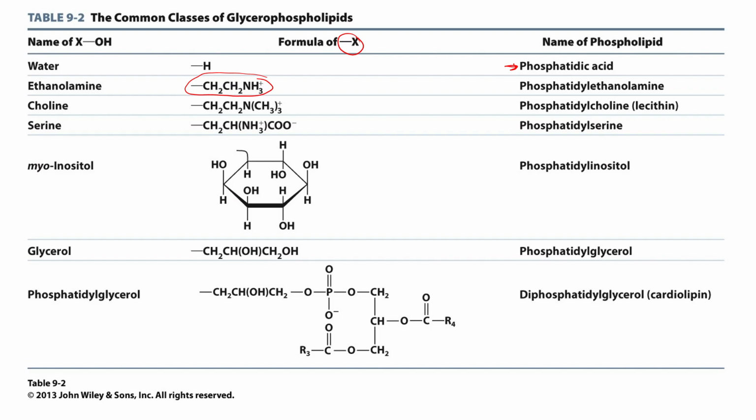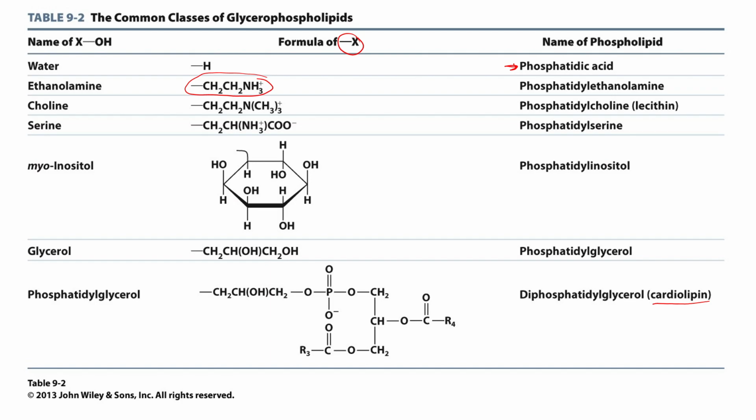You can have sugars there like inositol. You could even have another phosphate containing group like we see here on the bottom, this phosphatidylglycerol. You can have another glycerol there. You can have all kinds of stuff. And we see a lot of these are different components of the cell membrane. This last one in particular, cardiolipin, is an important and unique component of the inner mitochondrial membrane.